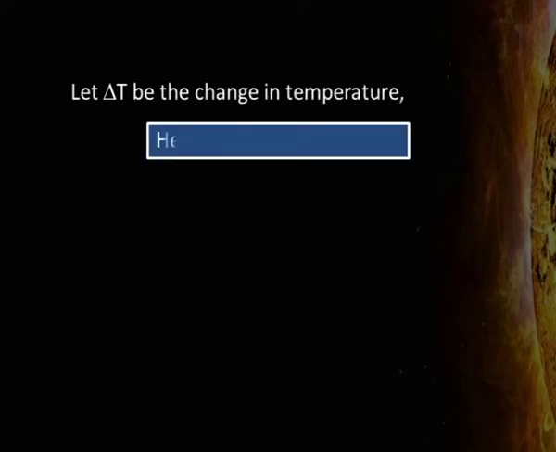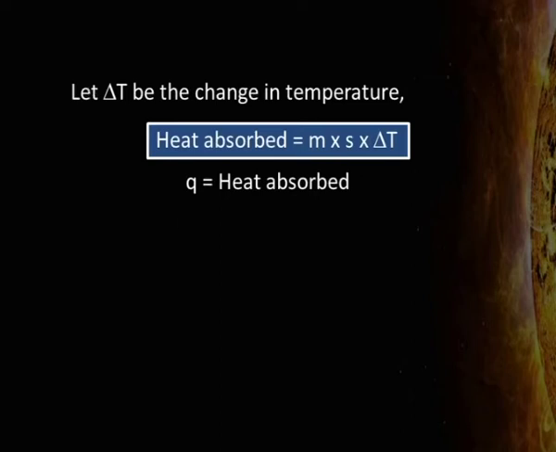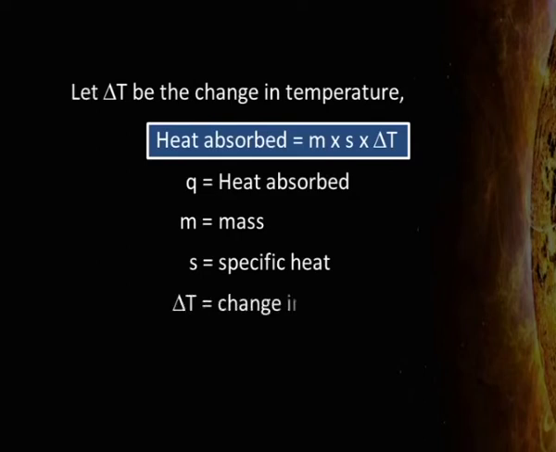Let delta T be the change in temperature. Now, we know that heat absorbed is equal to M S delta T. Heat absorbed is Q, M is mass, S is specific heat in joules per gram per Kelvin, and delta T is the change in temperature.